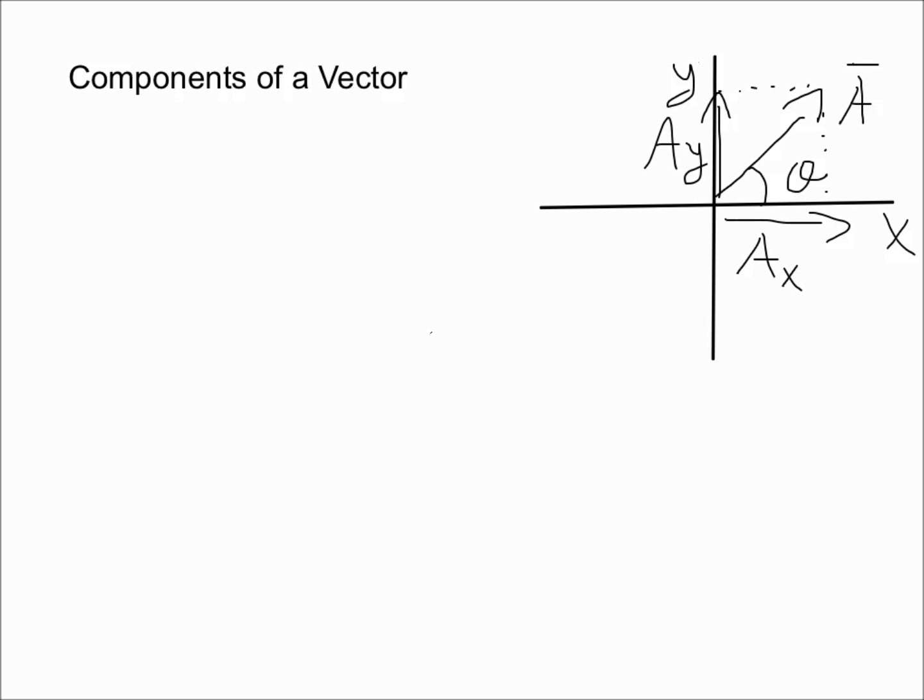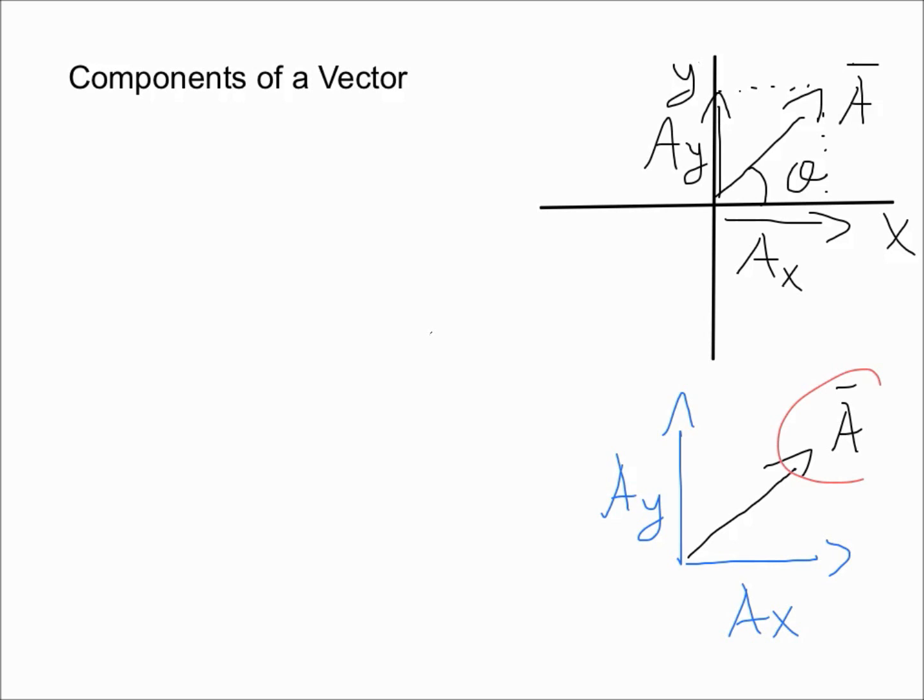So in other words, we're making two new vectors pretty much. This is our ay, this is our ax. And the vector we wanted is A going this way. So these are just representations of our vector A in that respective plane.